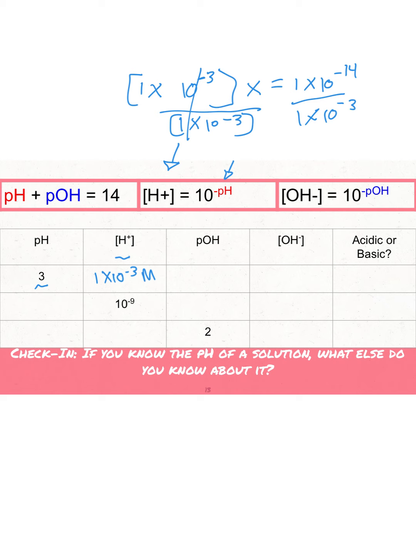When you have exponents dividing like that, they subtract, and a negative and a negative turns into a positive. And so what I end up with is 1 times 10 to the negative 11th.